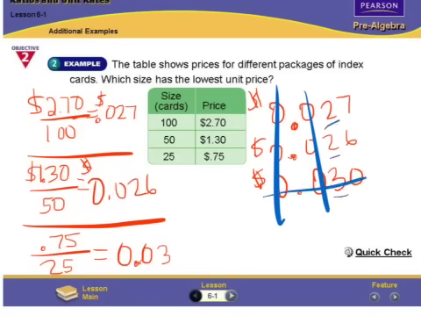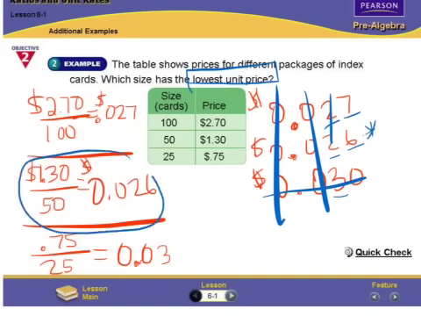The 3 would be the largest. We're looking for the lowest unit price. Since my 2's are the same, I go to the last number. What is smaller, because we're looking for the smallest one, 6 or 7? The 6 would be the smallest. This size right here, the 50-pack of cards, is your better deal.